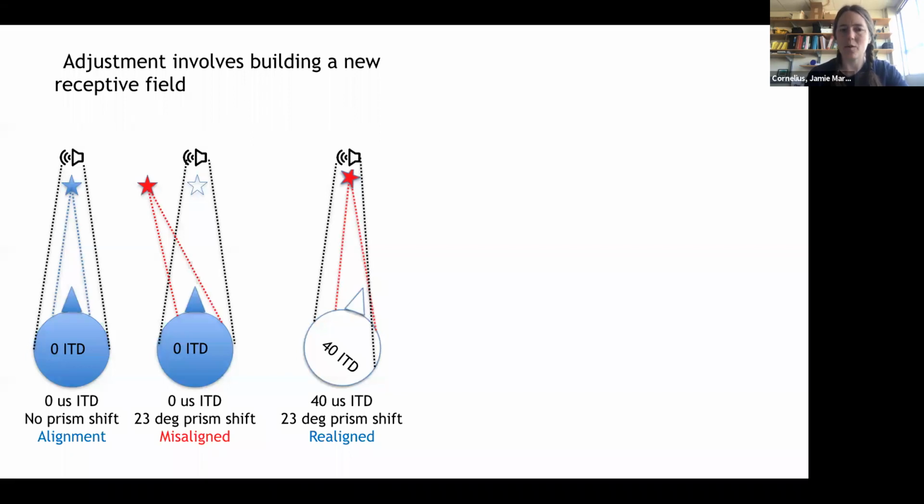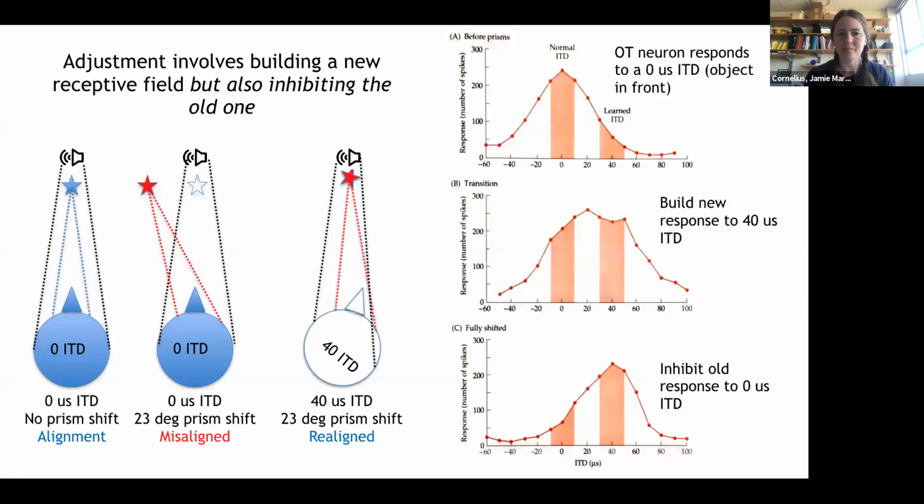But what it needs to do now, in order to see the bell in its visual space, is look 23 degrees to the right, and that will cause it to map onto the correct space. So what it needs is to have that head movement assigned to a 40 microsecond interaural timing difference instead of 0. And then it will cause realignment with the visual field.